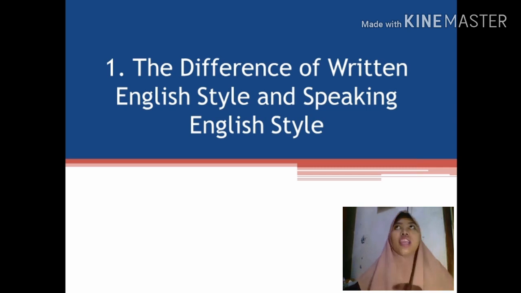As we know, English has a lot of different kinds of writing text. For example, report text and descriptive text. People who don't know about those texts might think that those two are the same type of text, but actually they are very different.